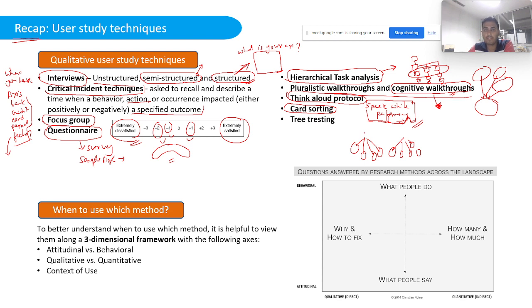For example, in a website you have hierarchies like about, and content, like that.